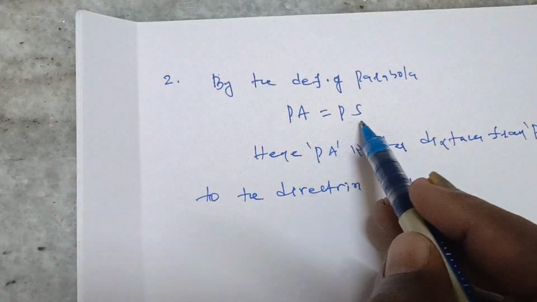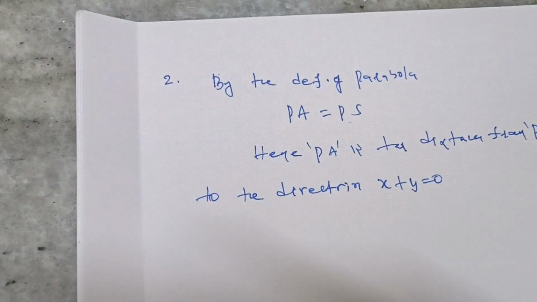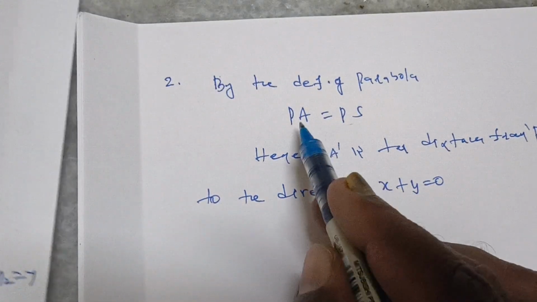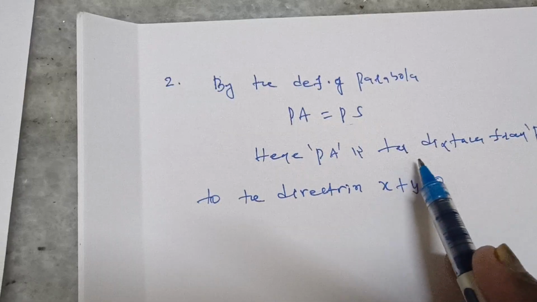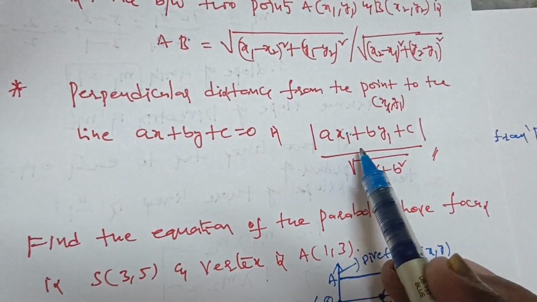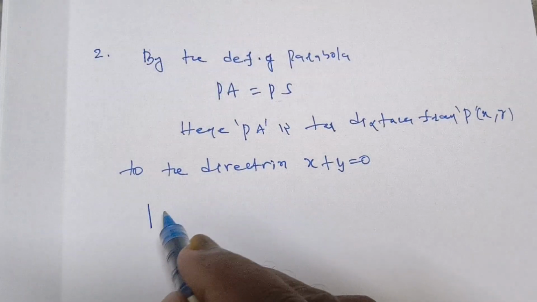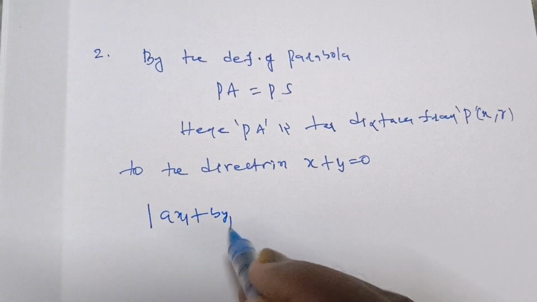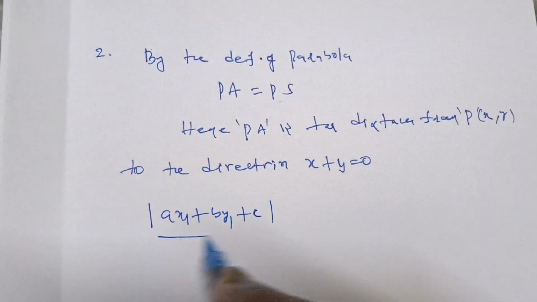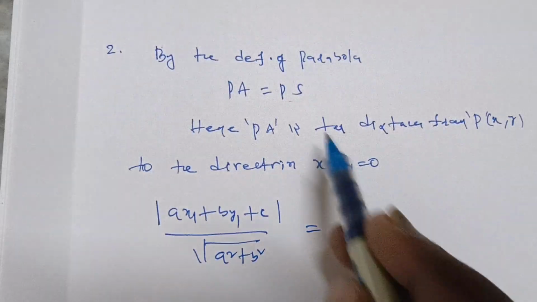And here PS is the distance between P and S. To find PA, the perpendicular distance from P to this line, we use the perpendicular distance formula: |Ax1 + By1 + C| / square root of (A square + B square), is equal to PS.